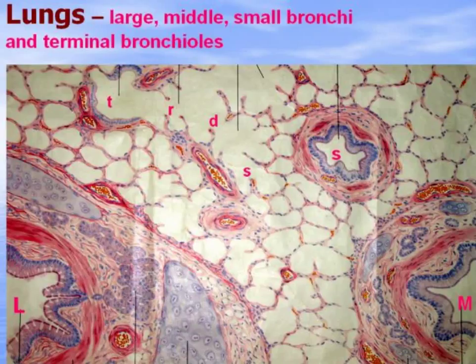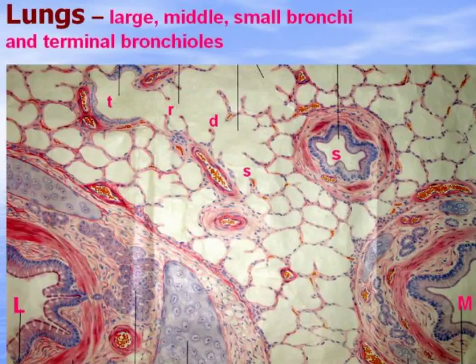For example, in large bronchi there are mucous membrane, fibrocartilage membrane, and adventitia. The mucous membrane consists of surface epithelium, stratified columnar ciliated epithelium. Lamina propria consists of loose connective tissue, lamina muscularis. Submucosa contains a lot of mixed glands.